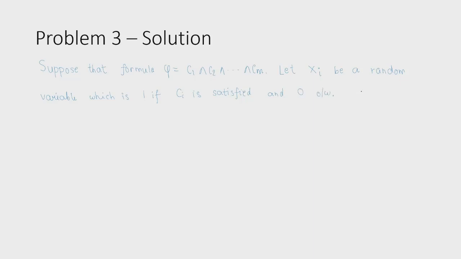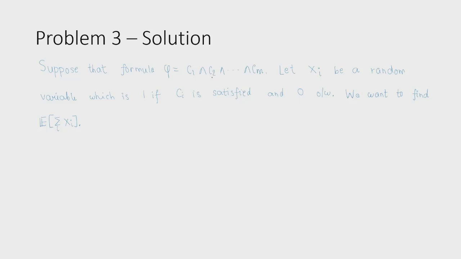If I have defined xi like this, what is the quantity that we want to find? It is the expectation of the sum over i of xi, and we will divide this by the total number of clauses, but let's just work with this for now.